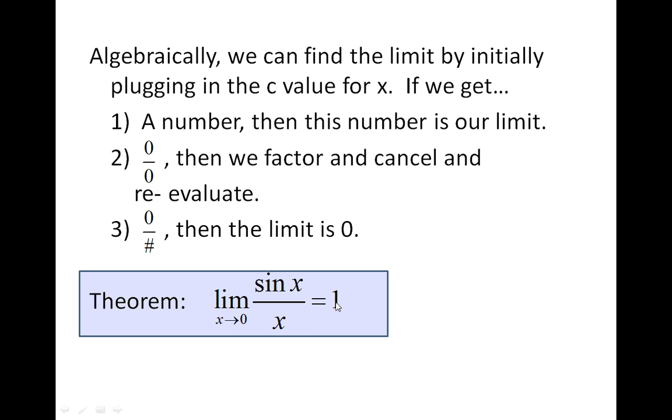However, graphing calculators are really not able to show the open circles that graphs have. And actually, if we think about it algebraically, we plug 0 in for x. Sine of 0 is 0, and plugging in x on the bottom gives me another 0. So this is a case of 0 over 0, and I can't really factor and cancel. I'd be stuck because there's nothing here to factor.